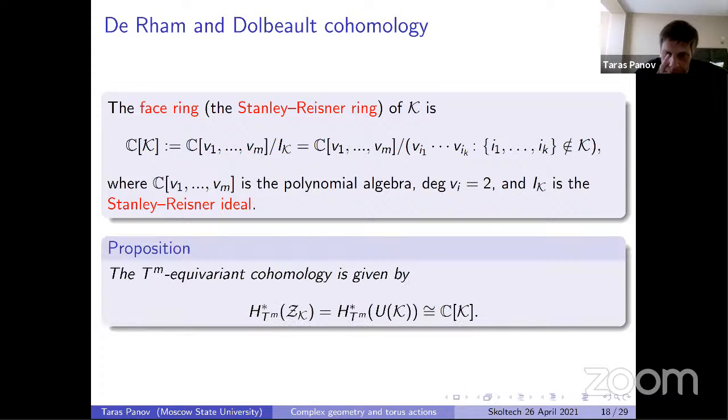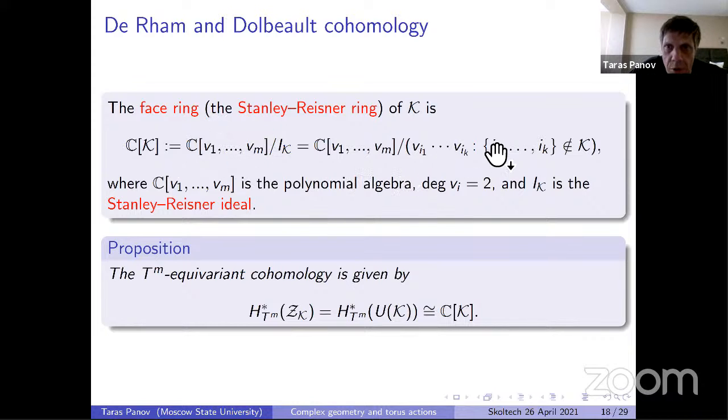First, there are topological results, which we started on about 20 years ago with Victor Buchstaber. From a simplicial complex K, you can write down what's called the Stanley-Reisner ring.